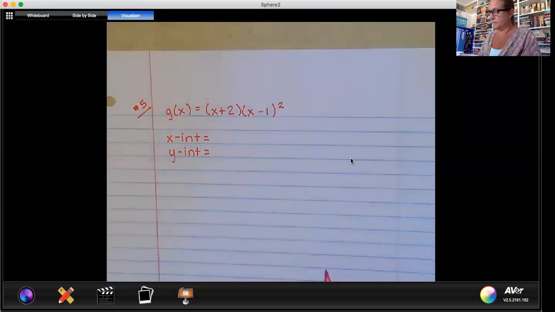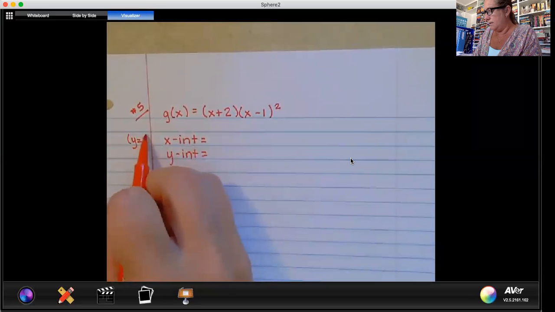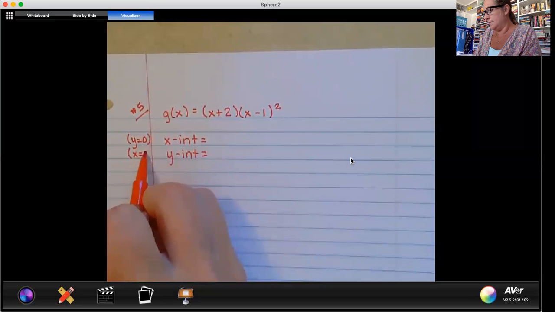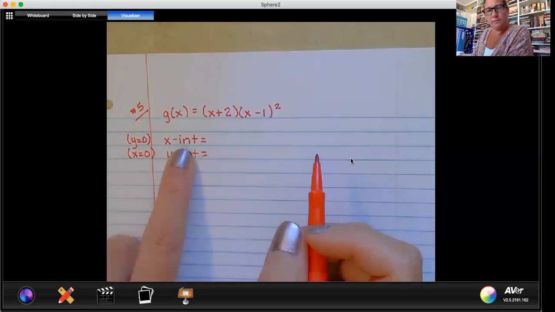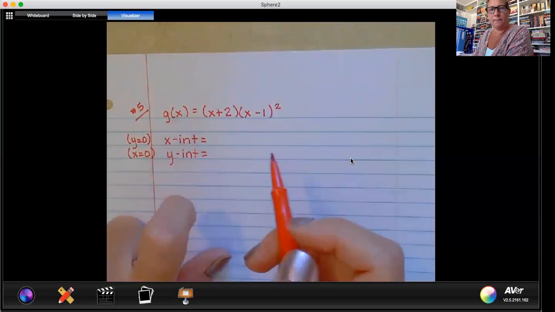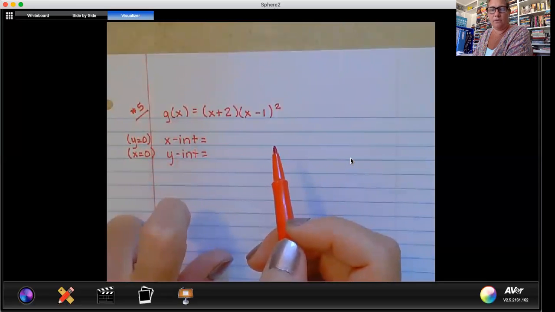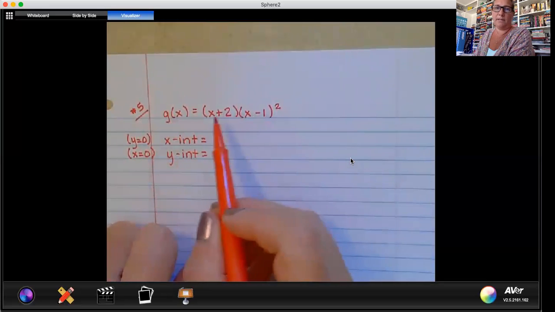So your x-intercepts occur where y is equal to 0, and your y-intercepts occur where x is equal to 0. So the y-intercepts are the easiest to find. And your x-intercepts are going to be where y is equal to 0. So what makes y equal to 0 is plugging in your values. For this one, it's already factored for us, so they're both pretty simple.